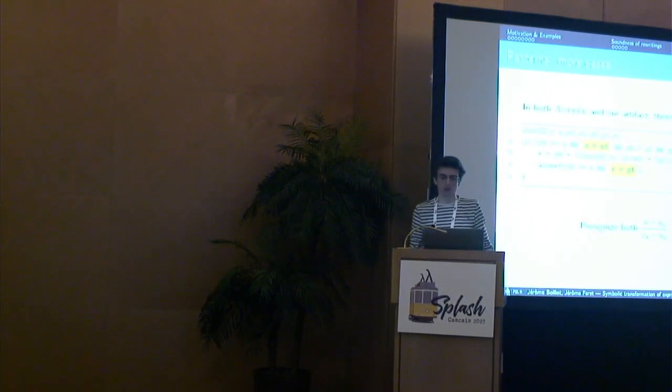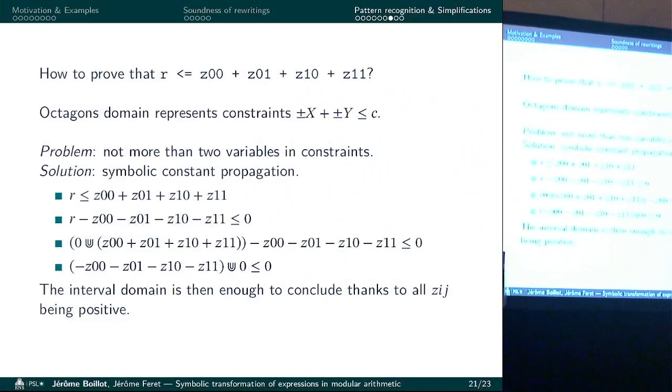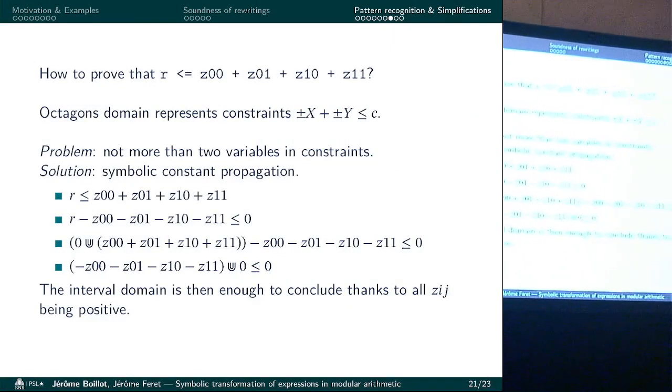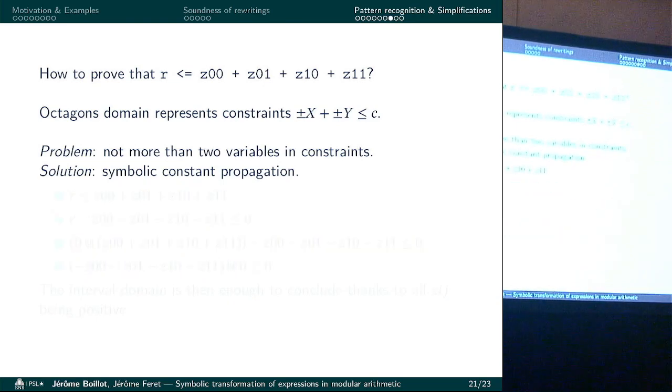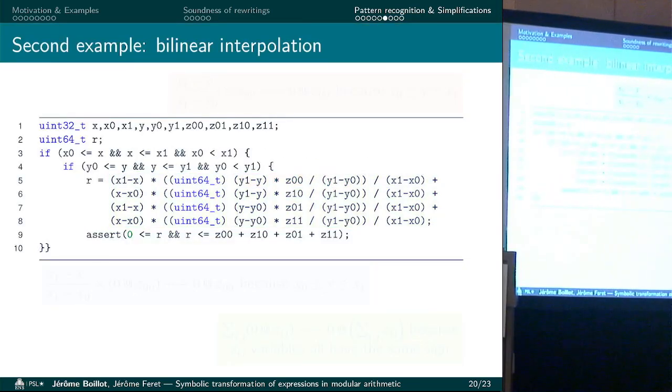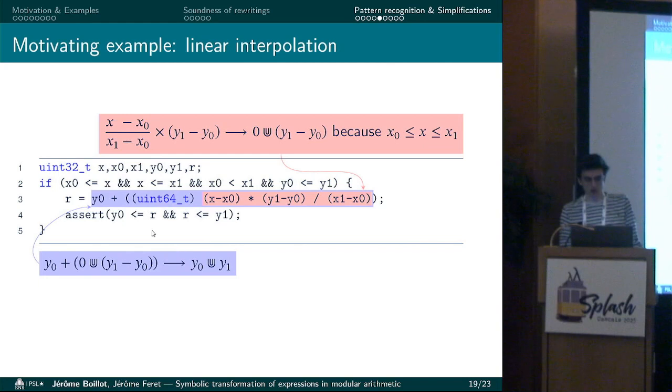Okay, so because we are rewriting, it depends on the other abstract domains, because for example, for the linear interpolation, it rewrites it into here y0 convex join y1.